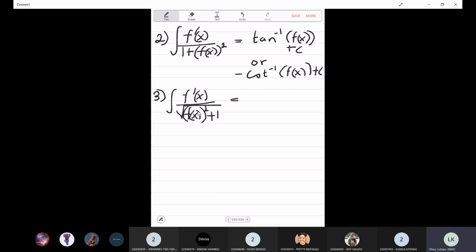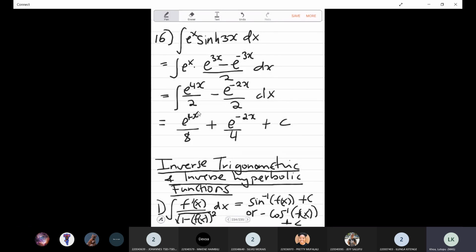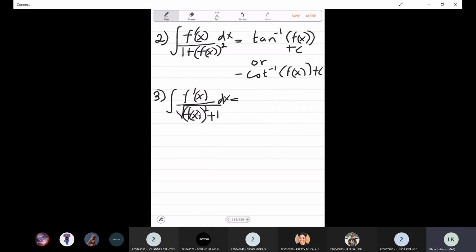So the integral of this, I keep forgetting my dx's, but you should put them there, is hyperbolic sine inverse of f of x plus c. Okay, so here there's no or, because that is the derivative of hyperbolic sine inverse of f of x.